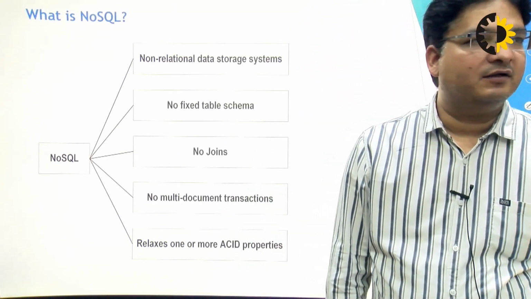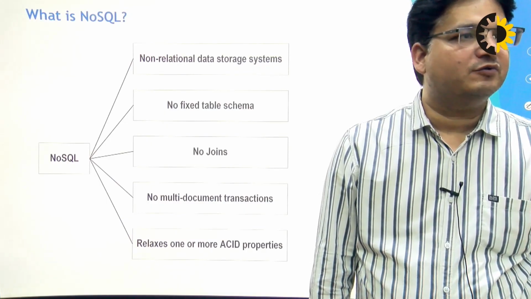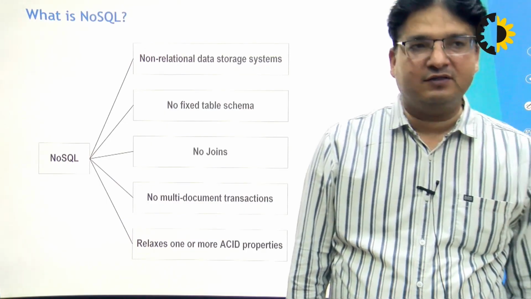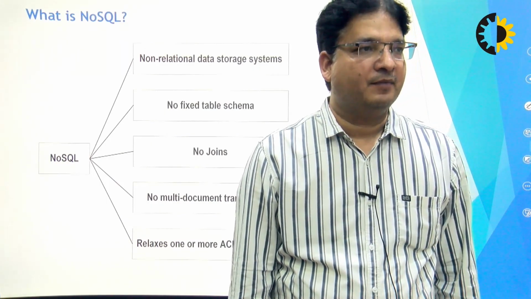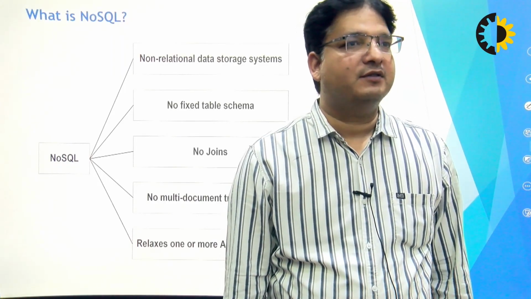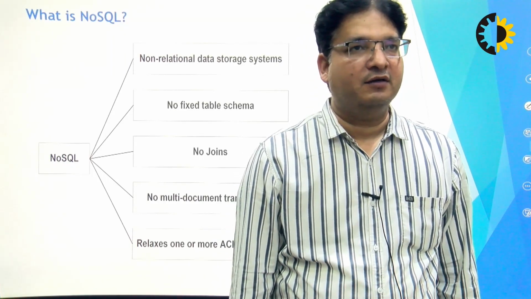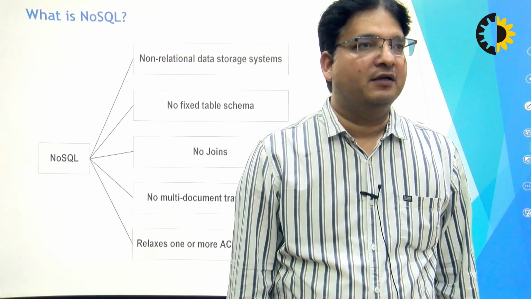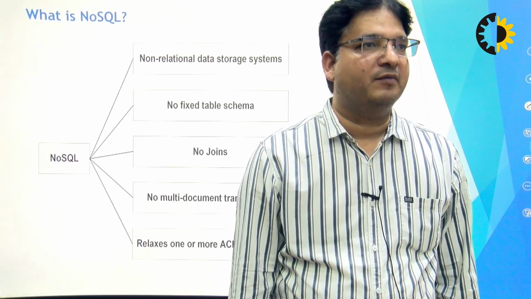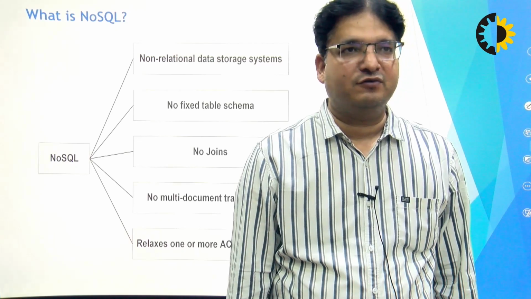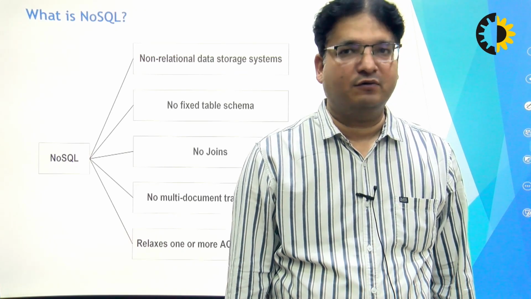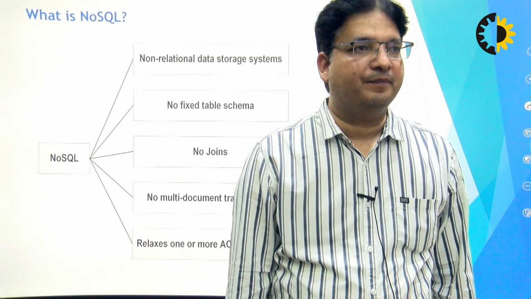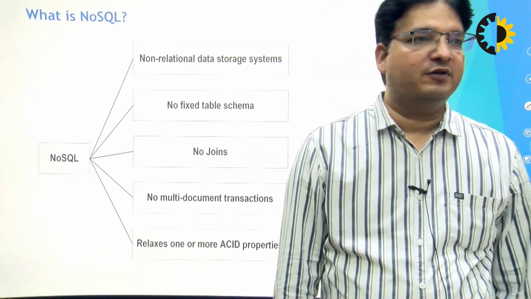Let us see the main concepts of NoSQL. NoSQL means not only SQL. This NoSQL offers robust advantages over SQL. That is, it has no fixed table schema. It does not store data in rows and columns only, and there is no concept of join here.